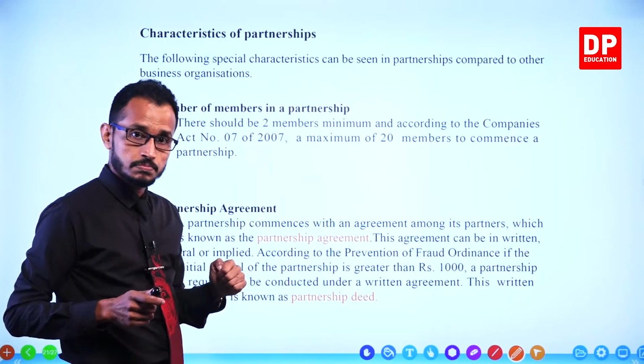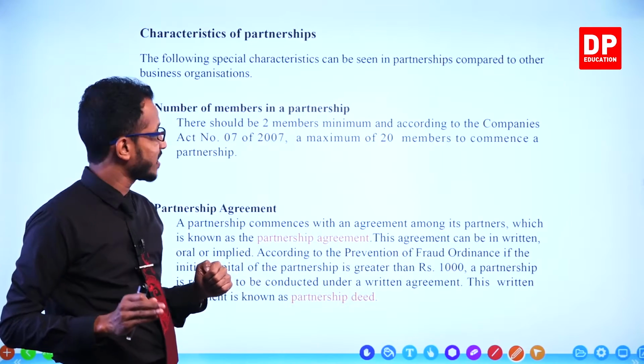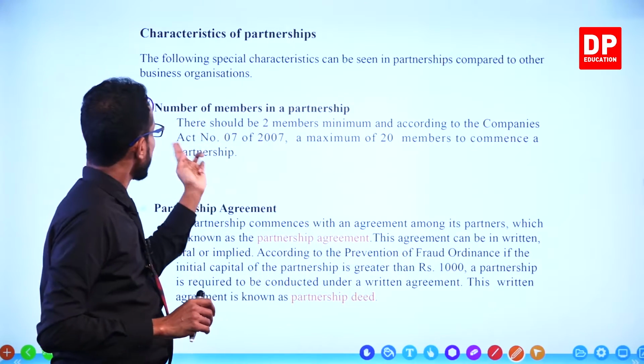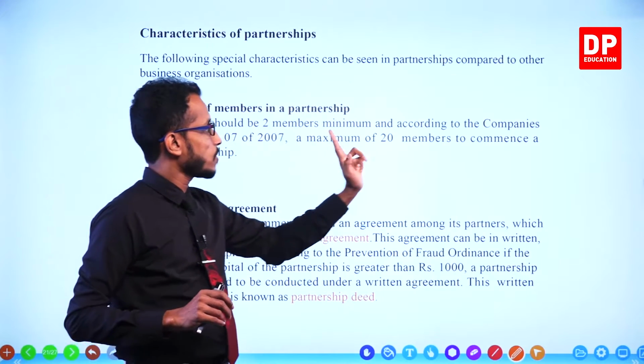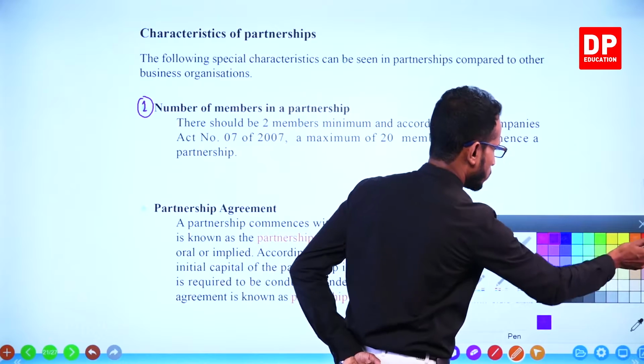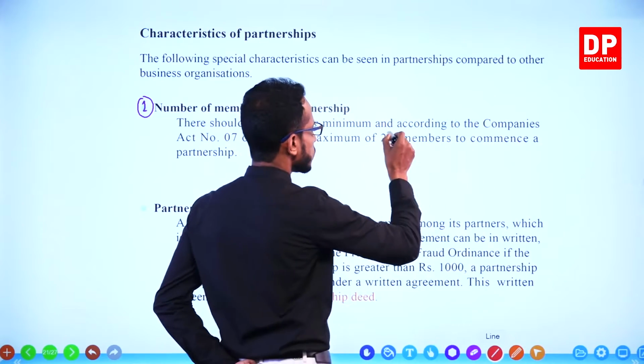Minimum 2 members, owners. And according to the Companies Act number 7 of 2007, a maximum of 20 members. Owners, minimum 2, maximum 20.